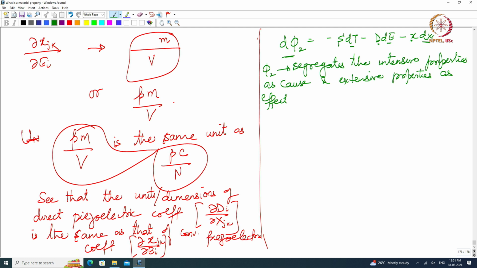Earlier we looked at the electromechanical problem. Now, let us look at the electrothermal problem. What about the electrothermal problem?